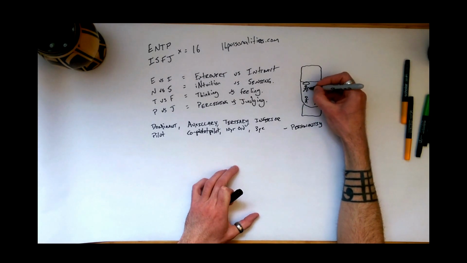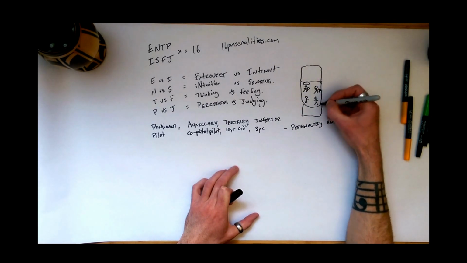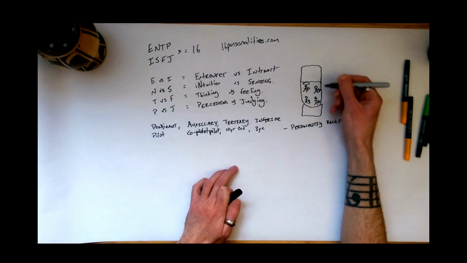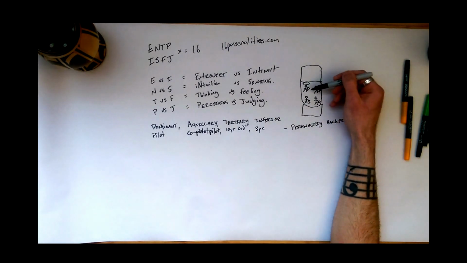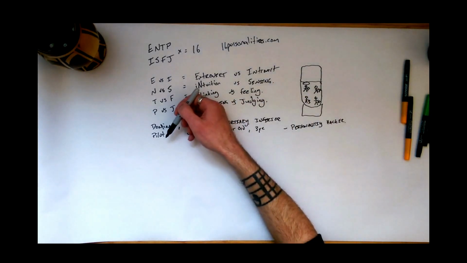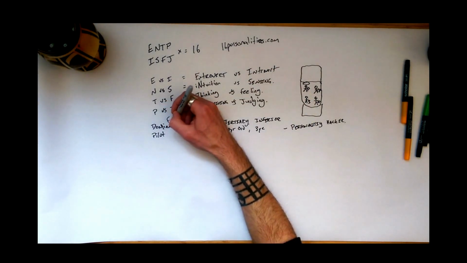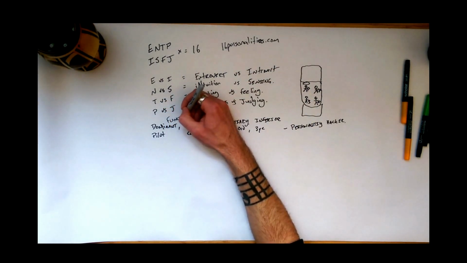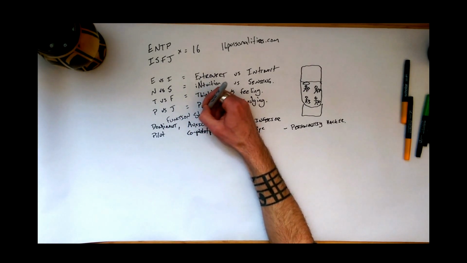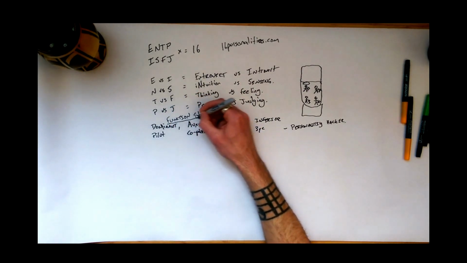So, pilot, co-pilot, 10-year-old, 3-year-old. And so basically the pilot drives the car. That's your dominant stack. Let's actually write that here. Function stack, or cognitive function stack.